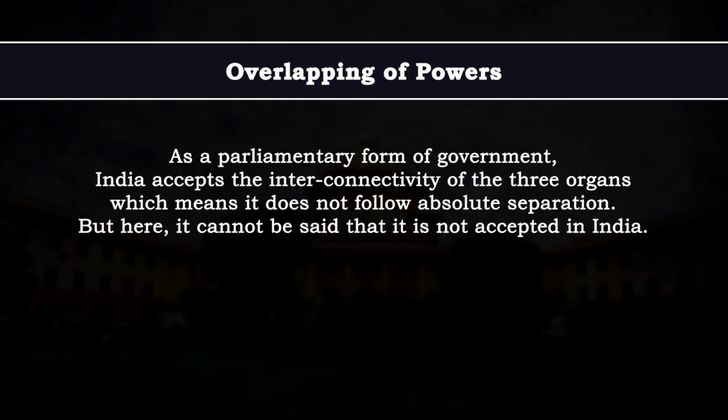As a parliamentary form of government, India accepts the interconnectivity of the three organs, which means it does not follow the absolute separation. But here, it cannot be said that it is not separate in India. Subject to checks and balances, the doctrine of separation of powers has been accepted to a certain extent in India.